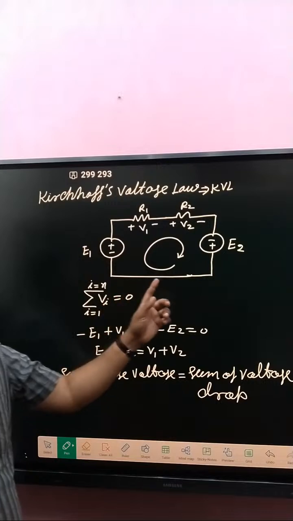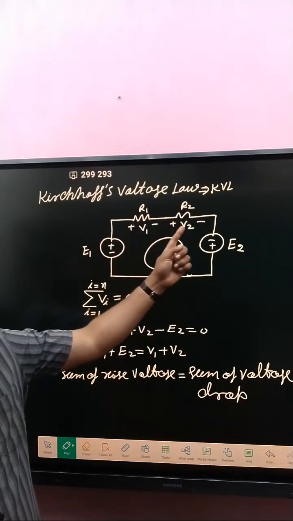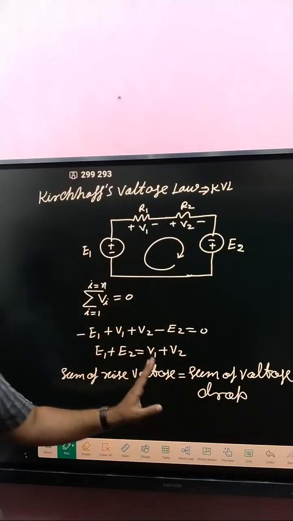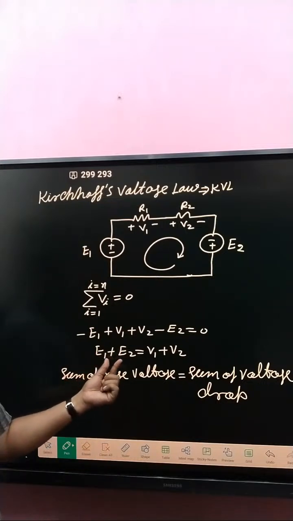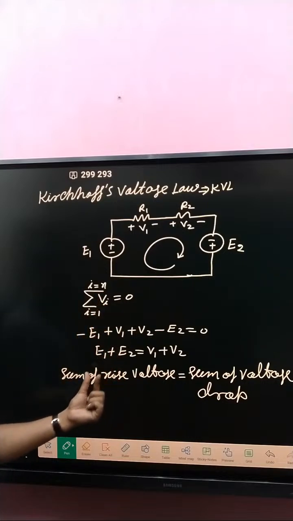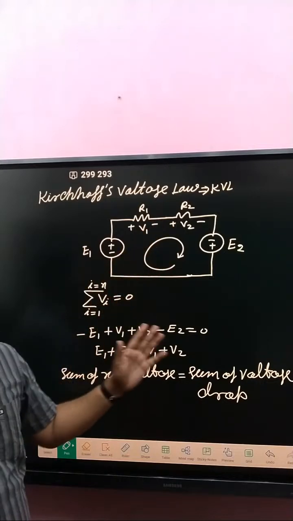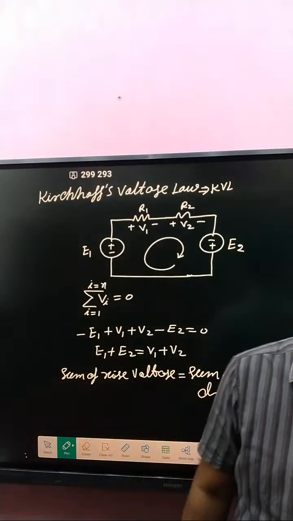So you apply KVL in this loop, then we get minus E1 plus V1 plus V2 minus E2 equal to 0. So E1 plus E2 is equal to V1 plus V2. Clear? E1 and E2 are the rise voltage, that is battery voltage, that's why it is called the sum of rise voltage. And V1, V2 are the voltage drops, that is called the sum of voltage drop. Okay?